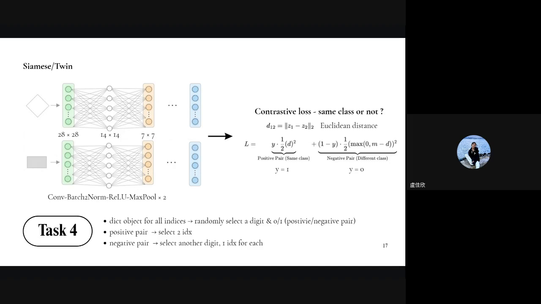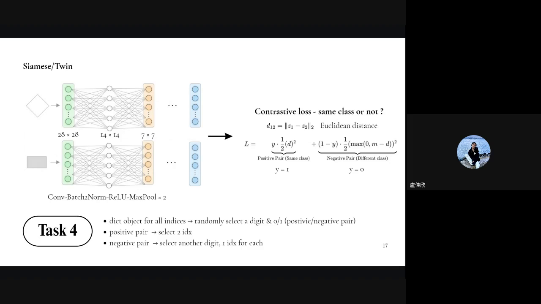And for generating positive pairs, which is pairs of indices that contain 2 digit pictures that are actually the same digit, and negative pairs, which is 2 indices that compare digits that are different, the way we do it is first we create a dictionary object that contains the indices of all digits, and then we randomly select the first digit and whether 0 or 1, which is whether we're generating a negative pair or positive pair.